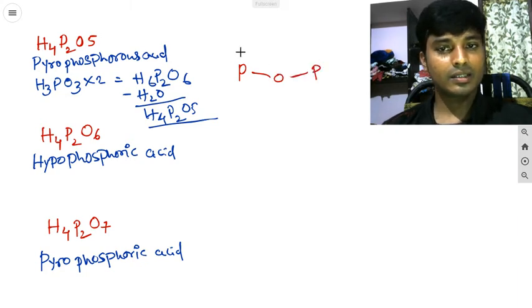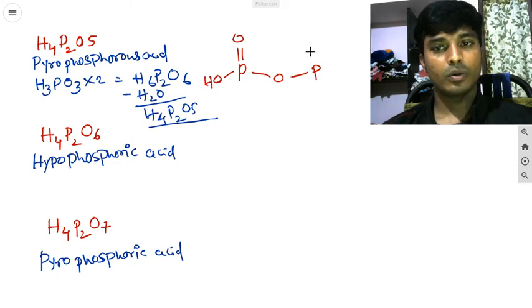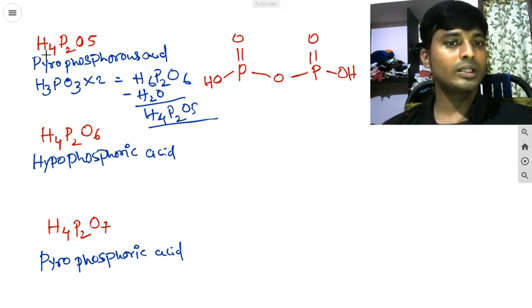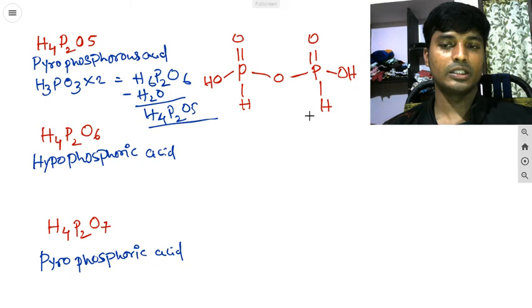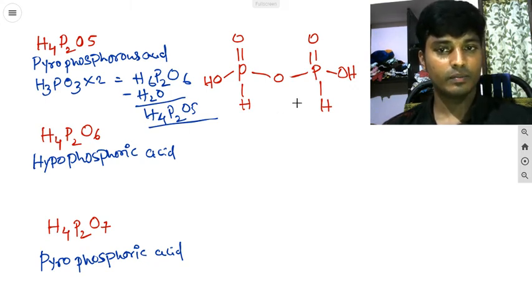Now, as we have just discussed, P double bond O should be there, one OH should be there, one P double bond O should be there, one OH should be there. Now, how many hydrogens? 4 hydrogens, right? 1, 2 only. So that should be symmetrical. One hydrogen, hydrogen. This is the structure of pyrophosphorus acid.